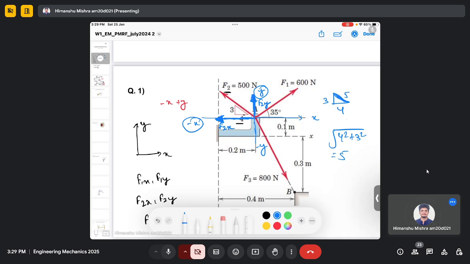So to calculate this F2x, I am using the trigonometric principle.